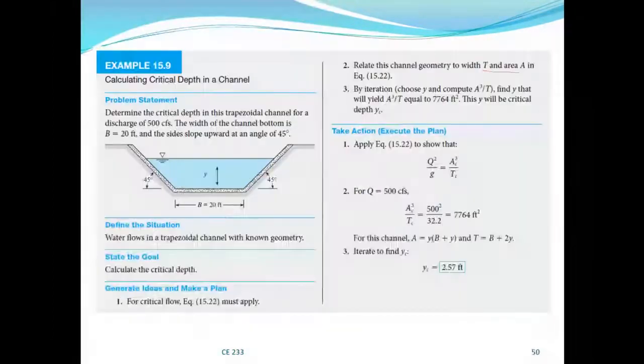And then by iteration, choose y and compute A cubed over T. Then find y that yields A cubed over T equal to 7764.